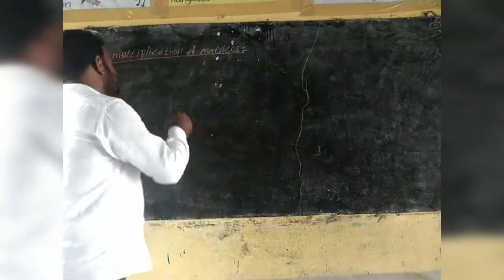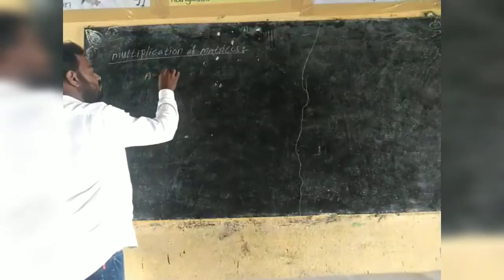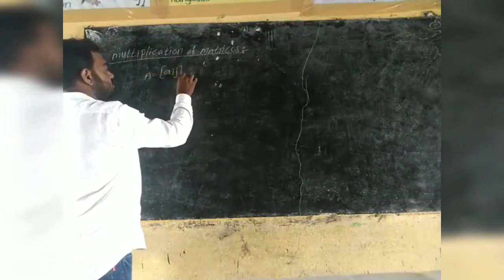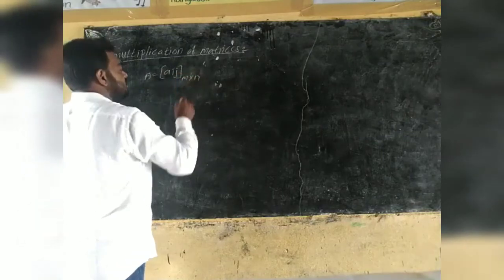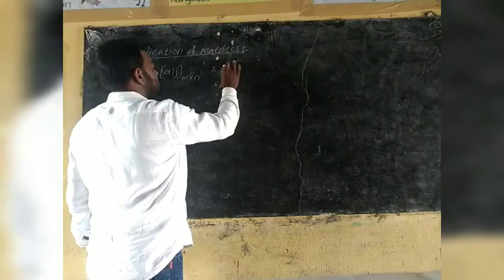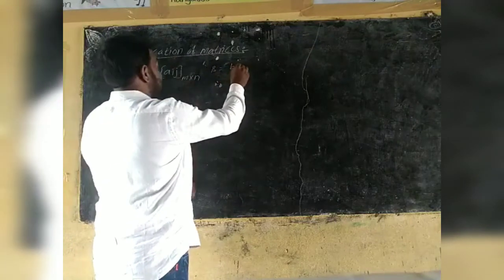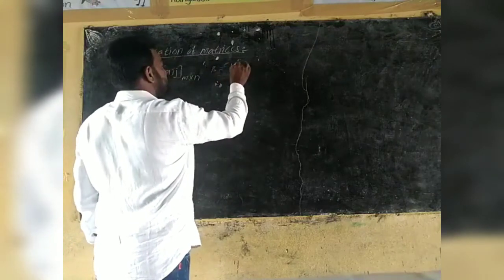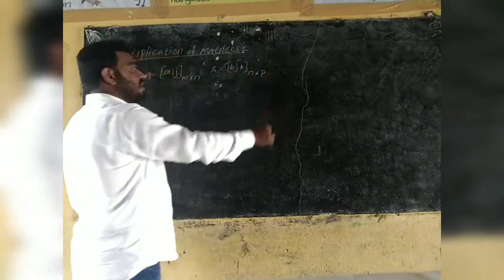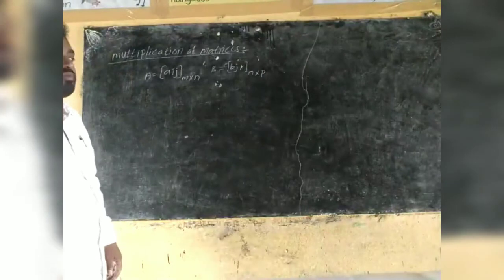Now, A is equal to Aij of order M cross N, one matrix. B is equal to Bjk of order N cross P, one more matrix. These are two matrices.